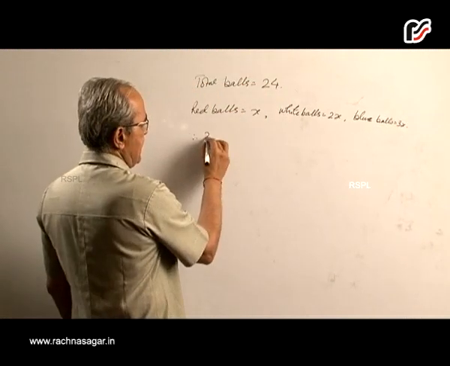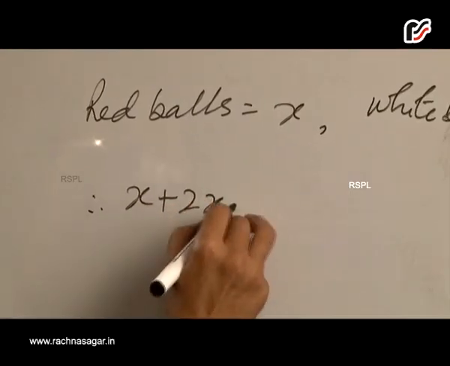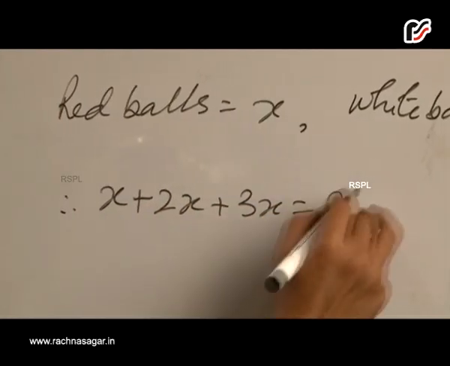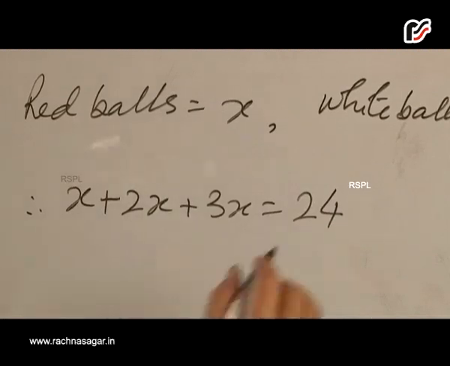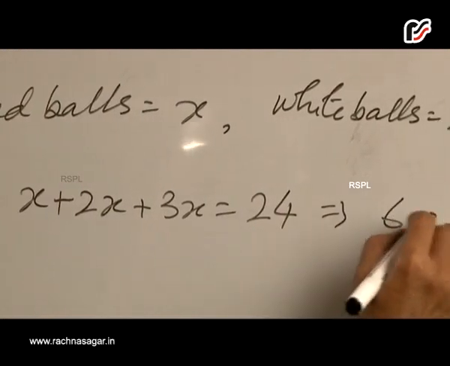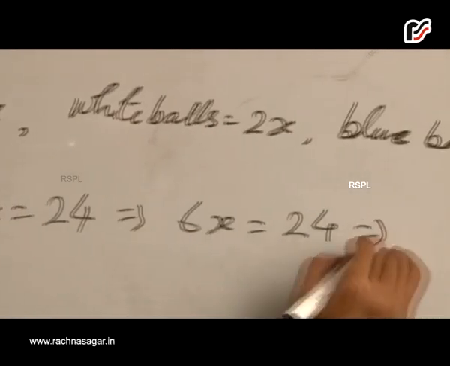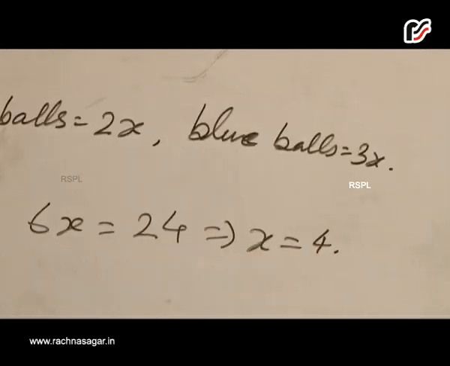Therefore, X plus 2X plus 3X equals 24. This implies 6X equals 24. This implies X equal to 4.